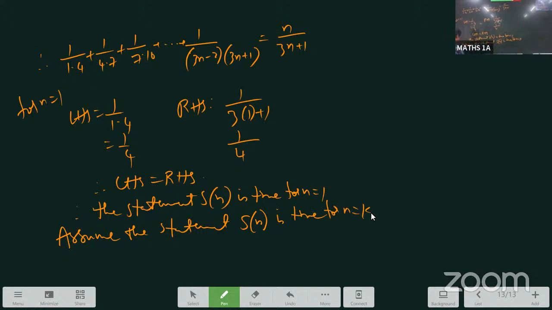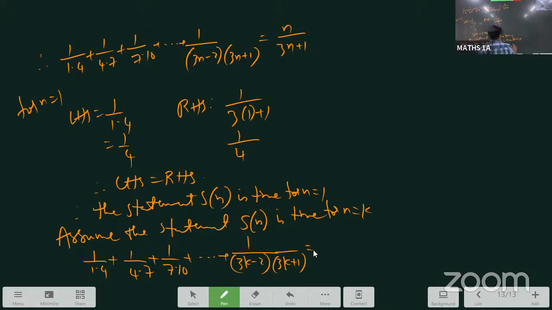Whenever it says the statement is true for n equal to k, substitute: 1 by 1 into 4 plus 1 by 4 into 7 plus 1 by 7 into 10 plus so on plus 1 by 3k minus 2 into 3k plus 1, that is equal to k by 3k plus 1. Call this equation 1. Is it clear? Instead of n, you have to put k. That is only your assumed statement that it is true for n equal to k.